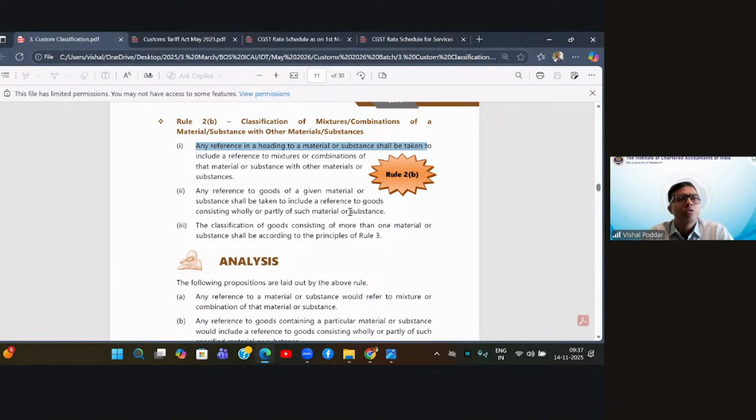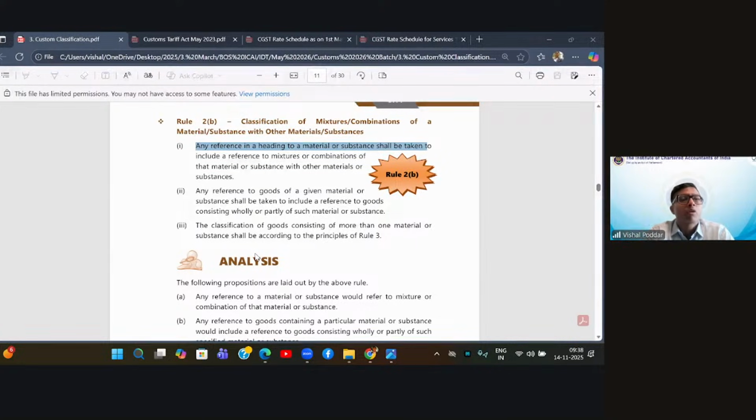Now my file is made using paper. So I will go to that chapter which says products of paper. If my file is made using plastic, I will go to that chapter which gives reference to plastic, like products made of plastic. So what I'm trying to say is that this rule is applicable whenever your products are made using a particular material or substance.